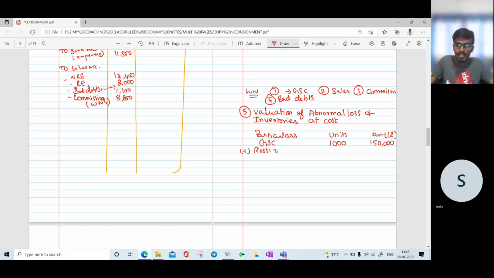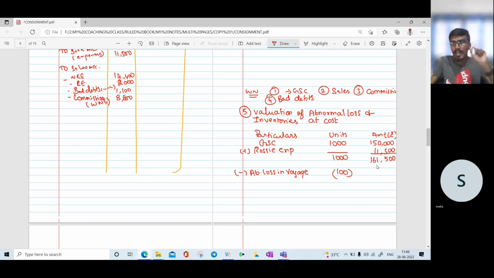Rosie's expense is how much? 11,500. If we add, we will get 1,61,500. We have a loss in transit, right? So we have to deduct abnormal loss in voyage. How many units have been lost? 100.